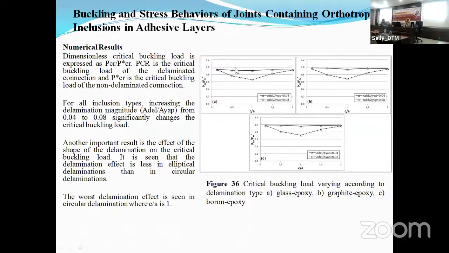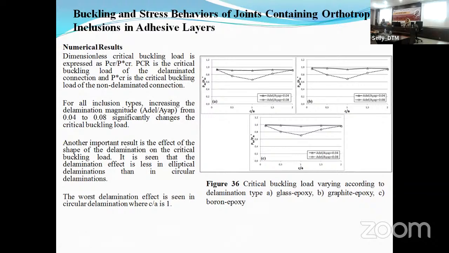So, look at that. At that time, again, we give all graphite by dimensions. The dimensionless critical buckling load is expressed as the critical buckling load with delamination over the critical buckling load without delamination.